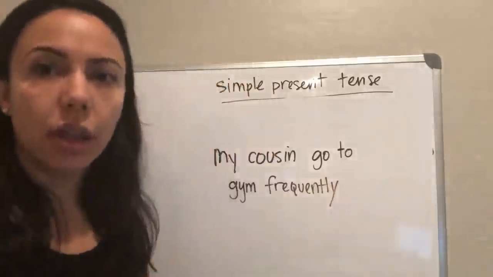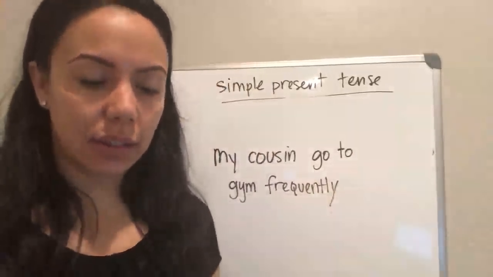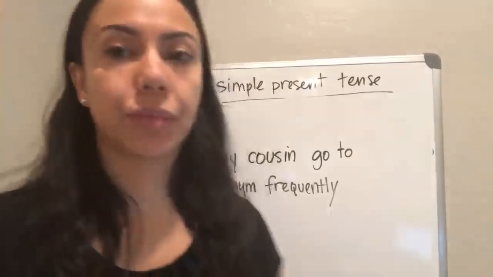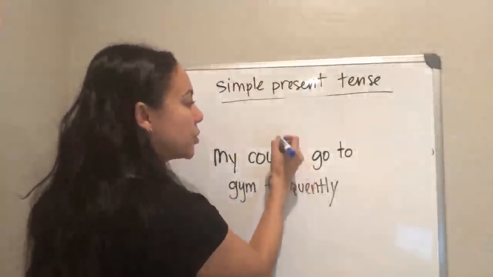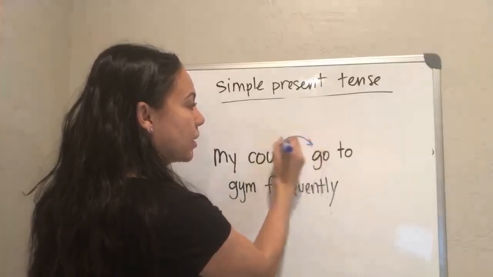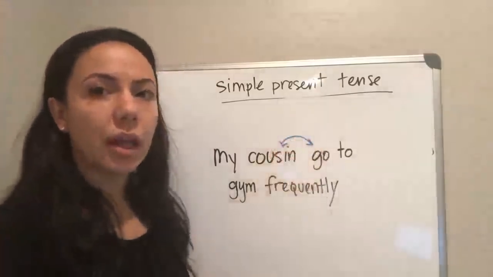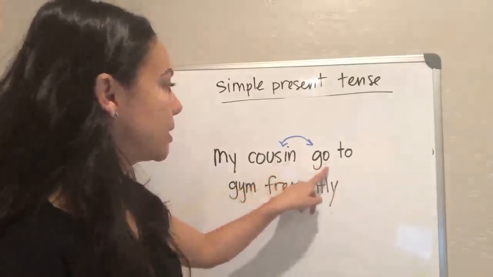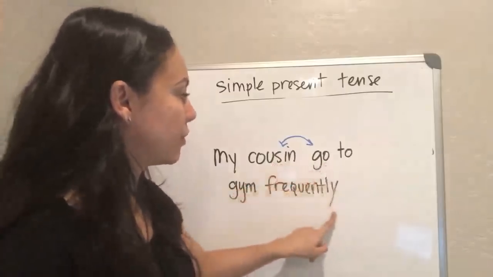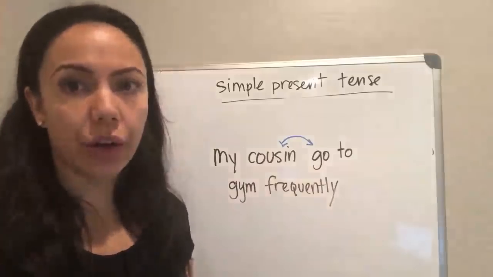Good. Let's look at this sentence. My cousin. So we need agreement, okay? So let's have the subject and the verb agree with each other.